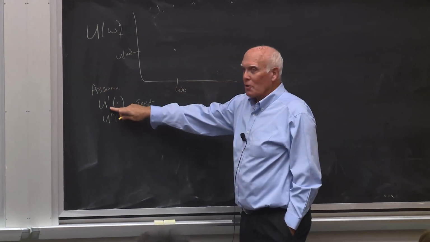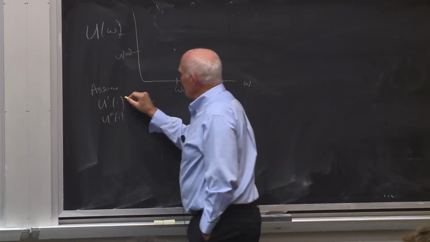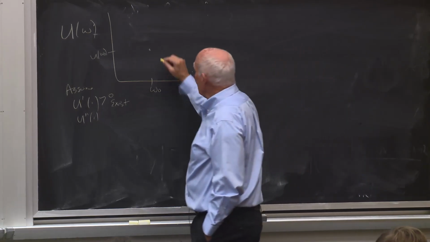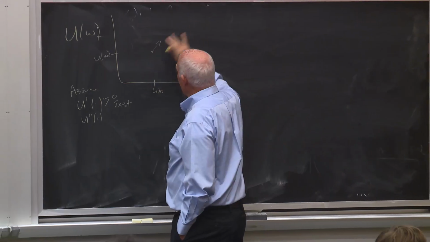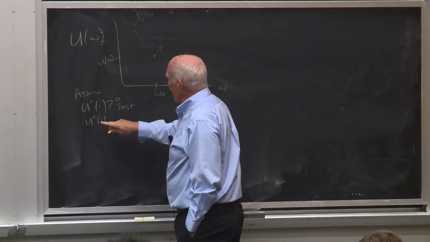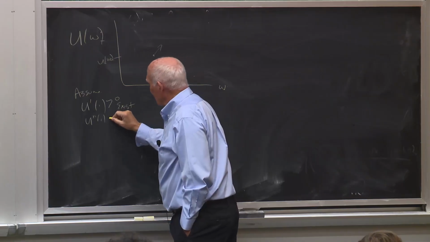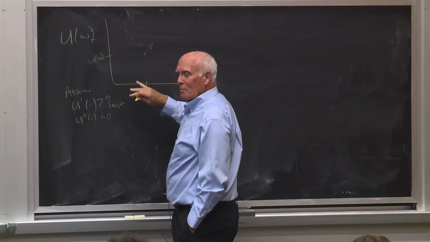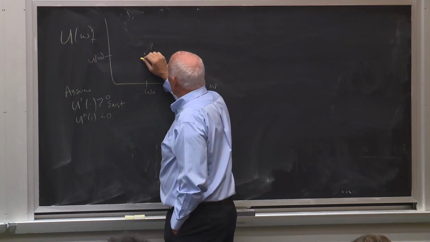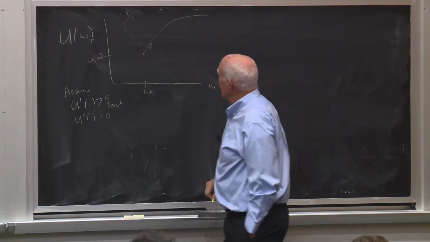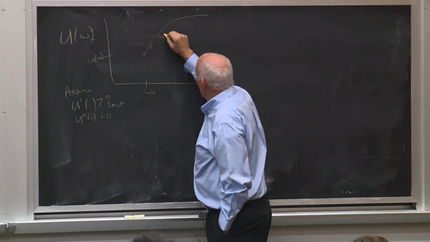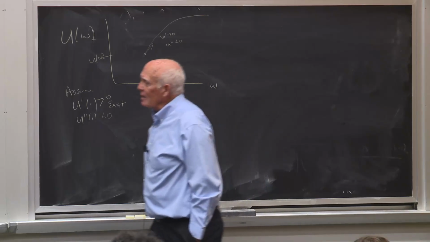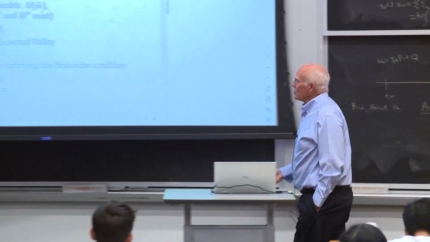And so, well, the first derivative is likely to be positive. More wealth is preferred to less. So we sort of have a better direction being up and to the right. And the second derivative, this actually could be less than 0 if there's a decreasing marginal utility to more wealth. So this function might look like this with a u prime greater than 0 and u double prime less than 0.